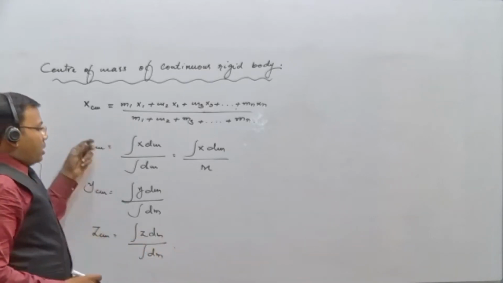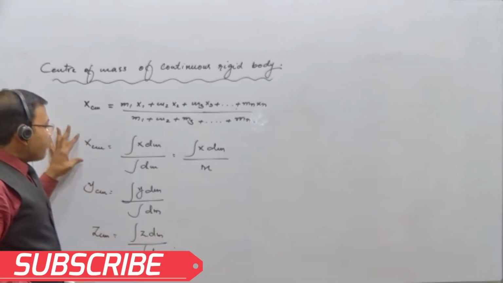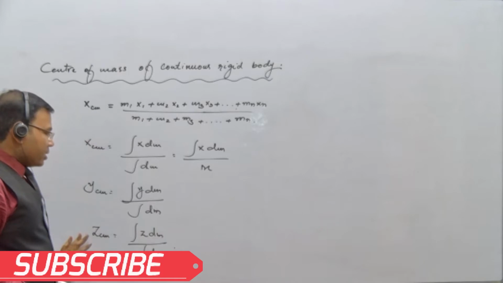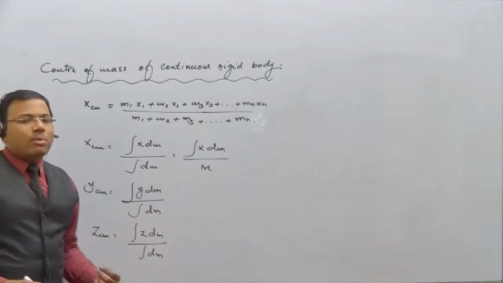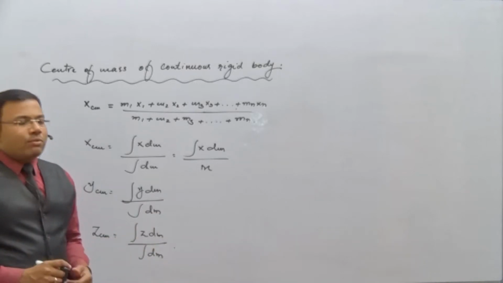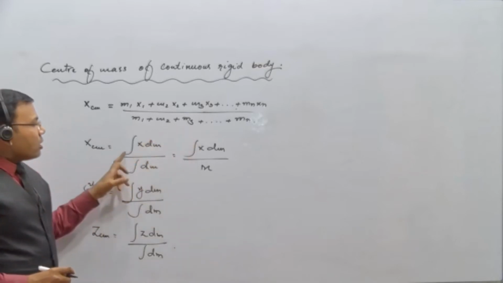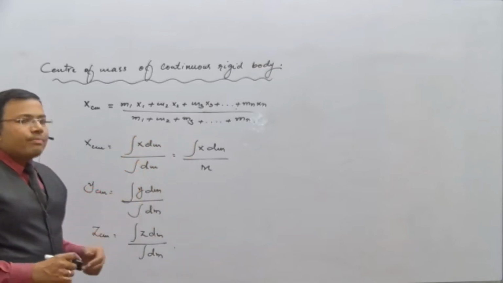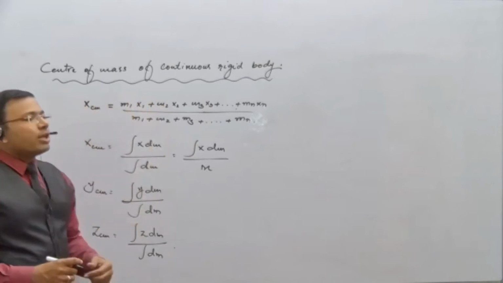So these are the formulae we have to remember. This is for the x coordinate, this is for the y coordinate, this is for the z coordinate, and integration of dm can be written as just the total mass of the body whose center of mass we need to calculate. Based on the concept of integration of x dm by integration of dm, we are calculating the center of mass of a continuous rigid body.